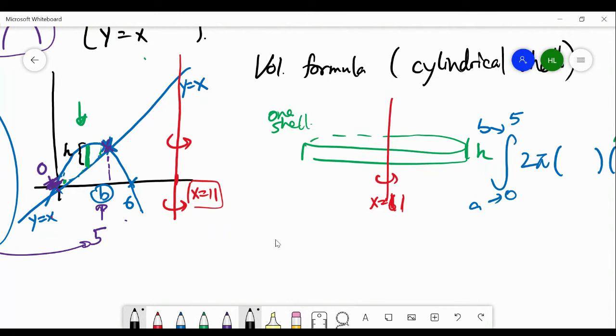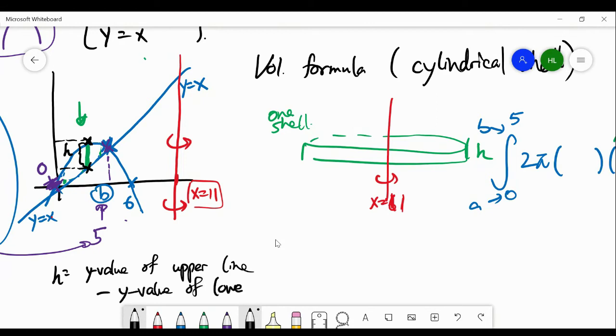And in terms of length, it is the difference of the y coordinate of the upper point minus the y coordinate of the lower point, right? So let me put it down here. H is the y value of the upper line minus the y value of the lower line.